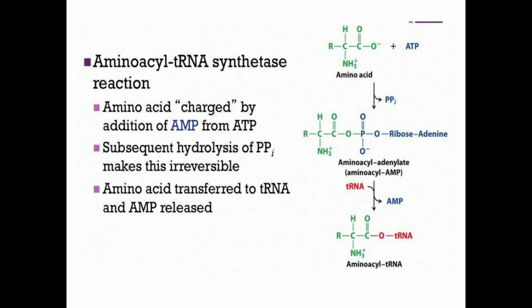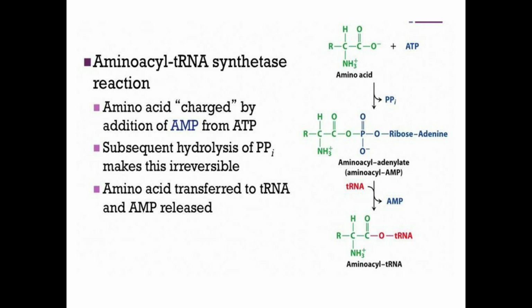Before the initiation of gene translation, the amino acids are selected from the amino acid pool of the cytoplasm, and before they are assembled into proteins, they are to be activated or energized. How is this done? This is done by reacting them with ATP and with the help of the activating enzyme amino acyl tRNA synthetase. So this reaction is called the amino acyl tRNA synthetase reaction.